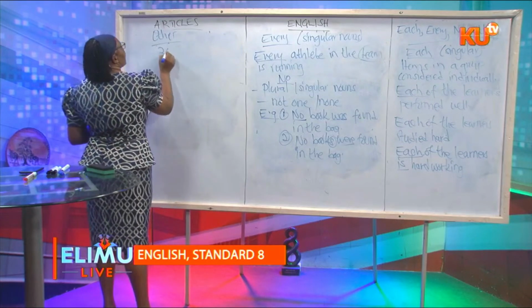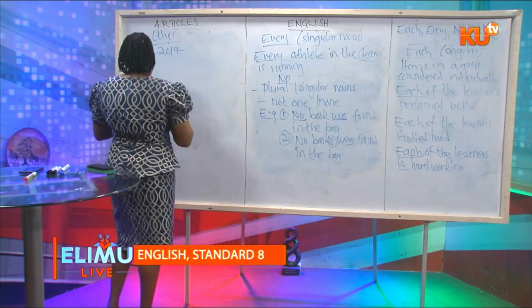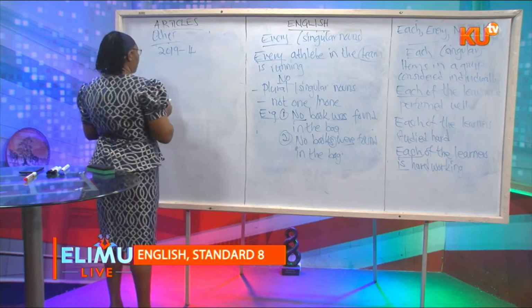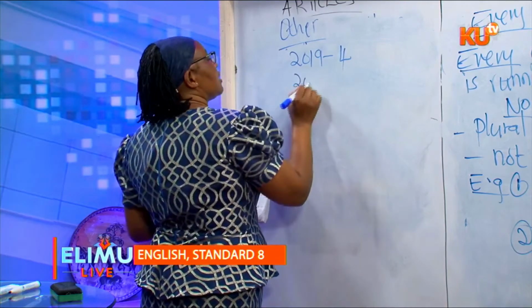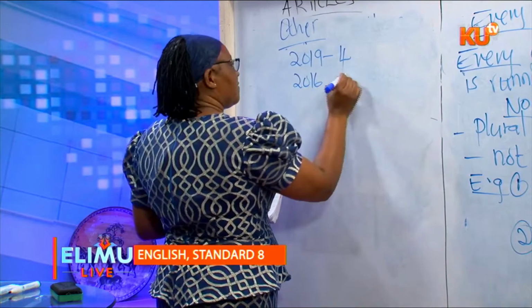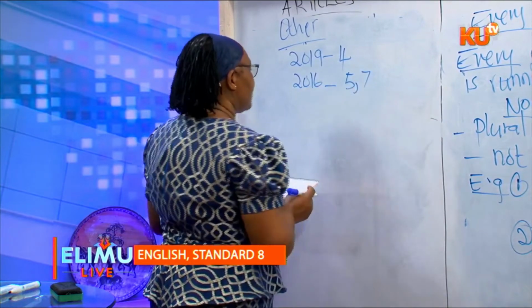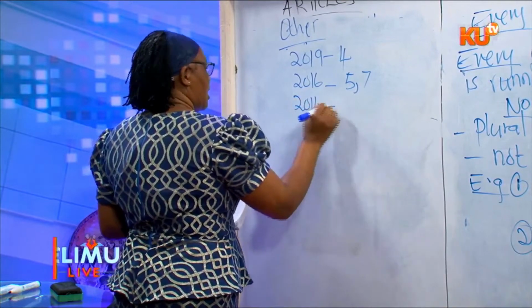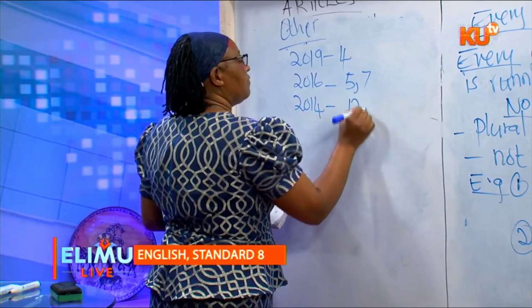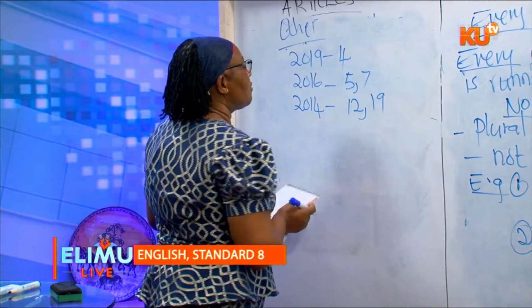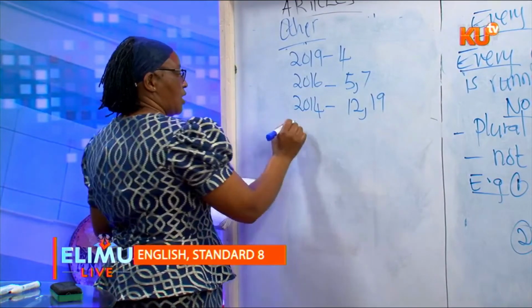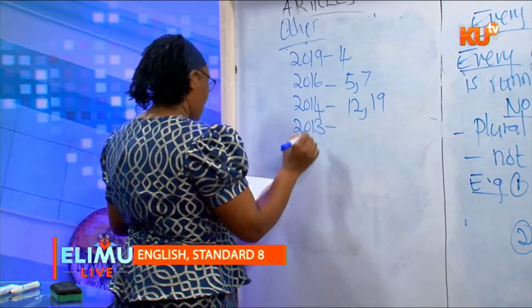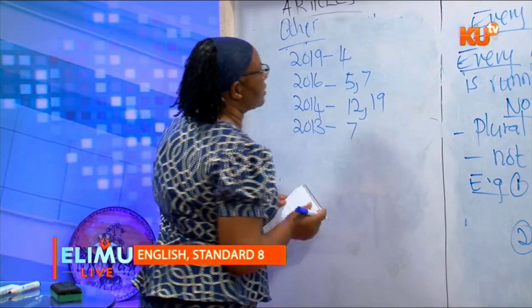So 2019, number 4 was on determiners. 2016, number 5 and number 7 was on determiners. 2014, number 12 and number 19 were on determiners. 2013, number 7 was on determiners.